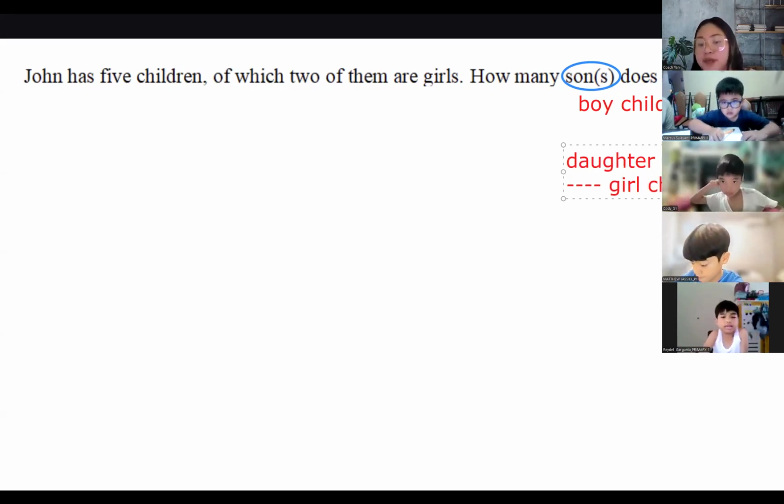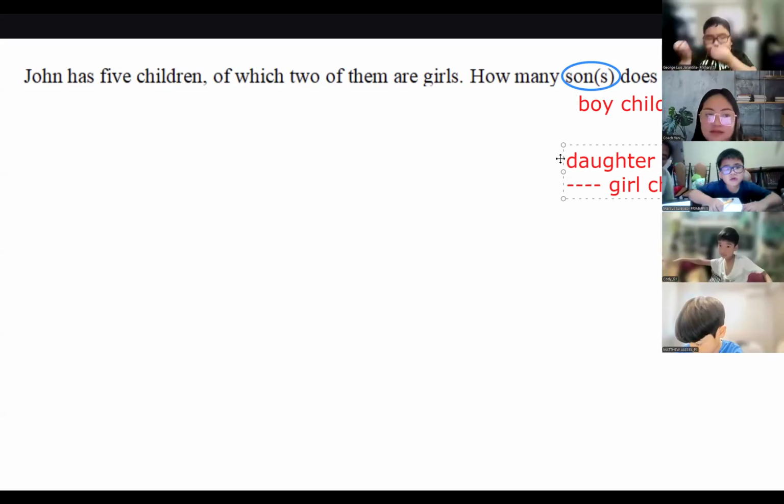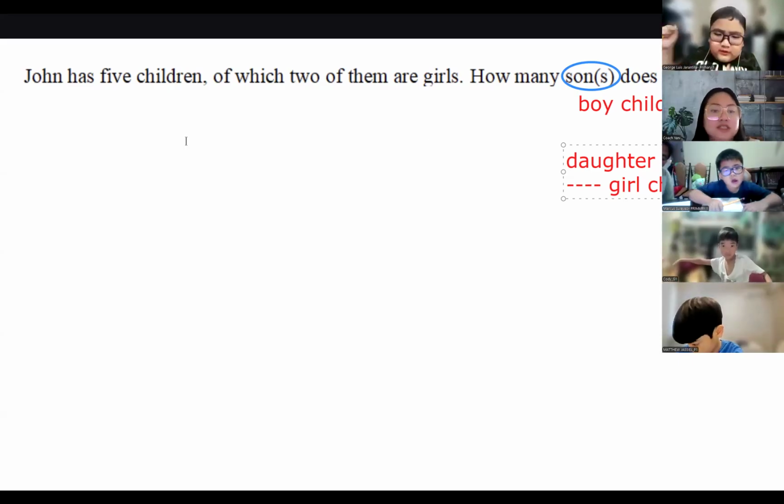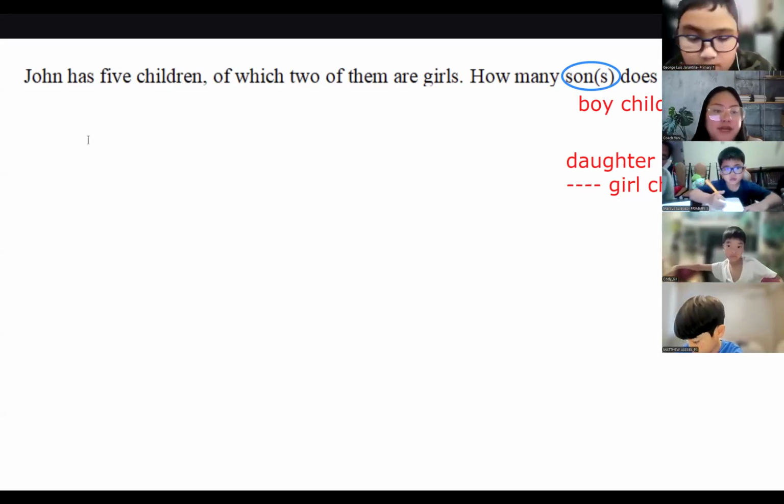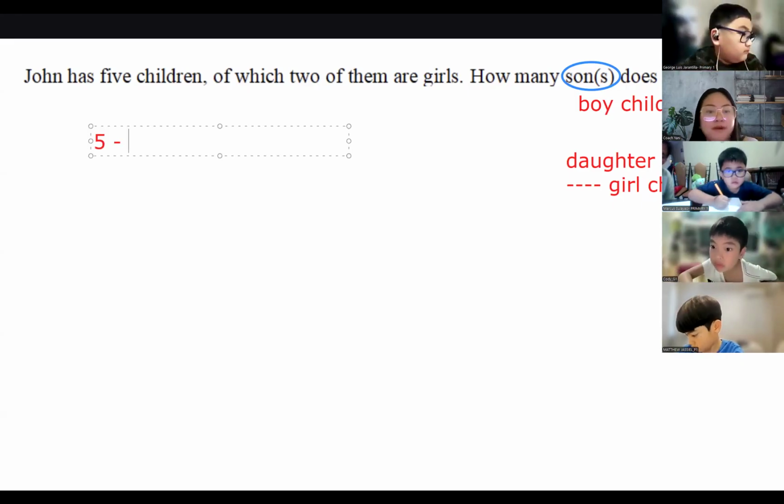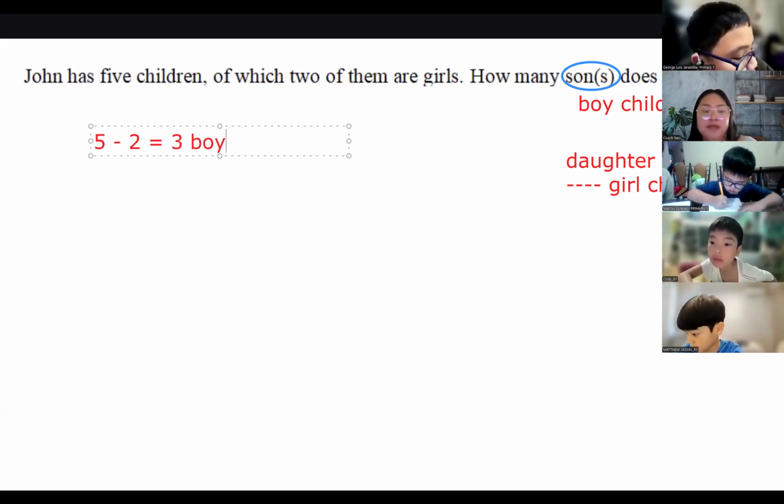So if you are a boy, you are a son to your mom. If you are a girl, you are a daughter to your mom and your dad. Okay? Now, John has 5 children and 2 of them are girls. Minus 2, that is 3 boys or 3 sons.